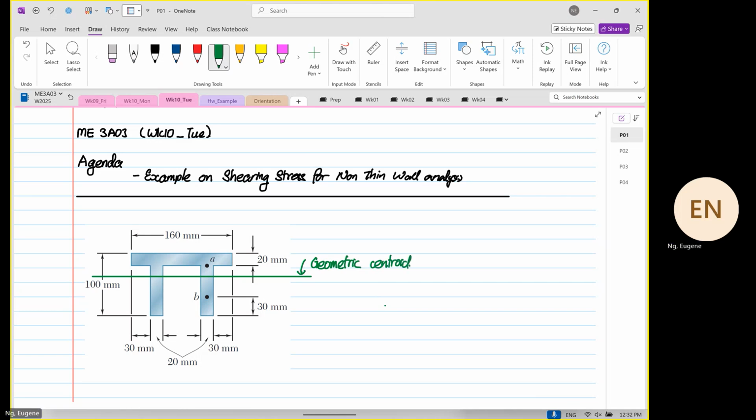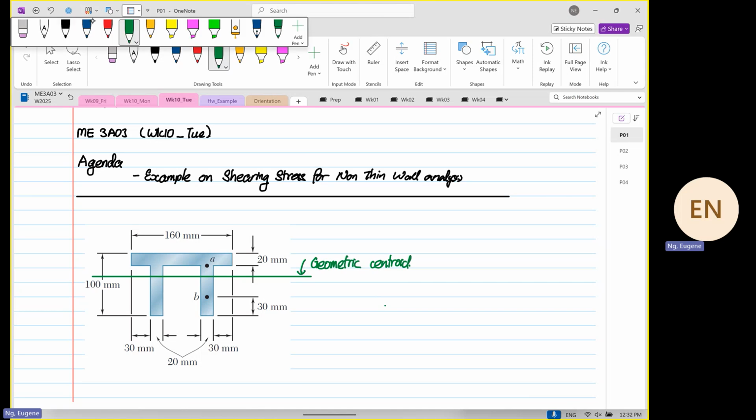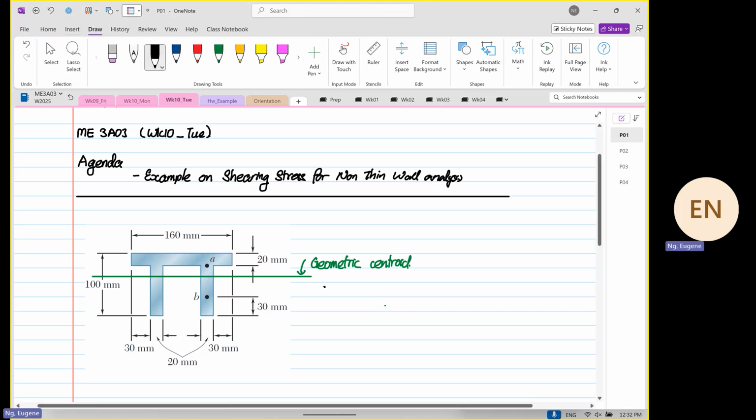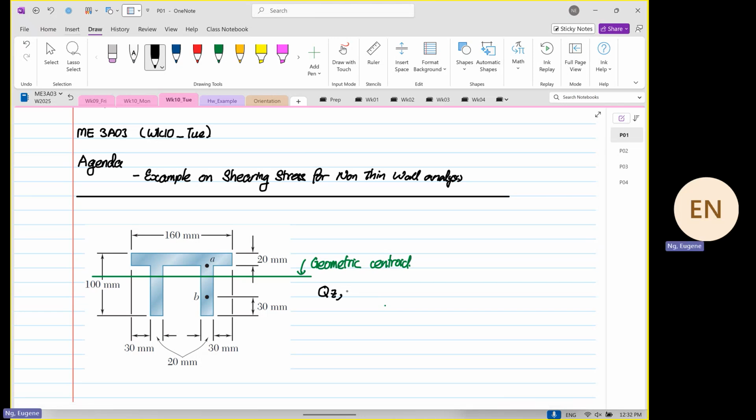Okay, so we are going to find the first moment of area about the z-axis for point B. Okay, we are going to determine, and by using the rules that we have stated.